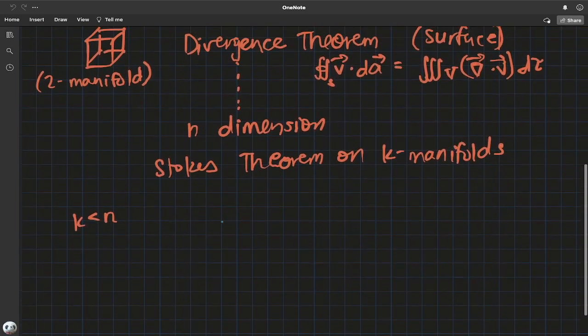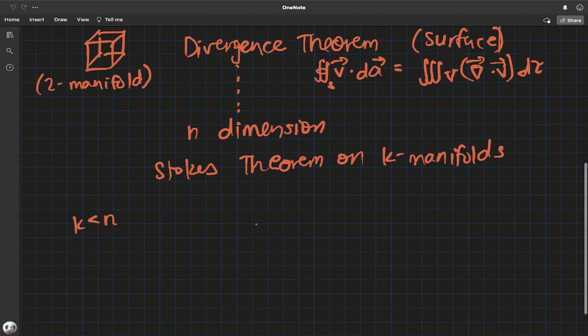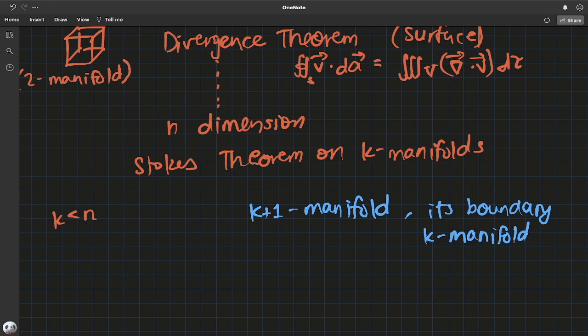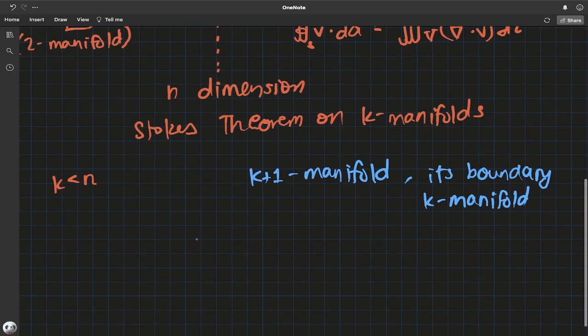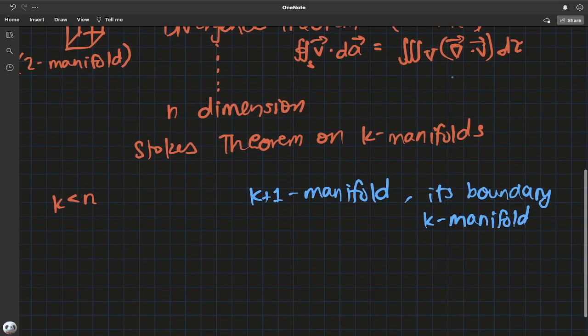So if you notice the pattern, we're flirting with some manifold. If it's a k-manifold, we're flirting with a k plus 1 manifold, and its boundary, which by a theorem on manifolds is a k-manifold. So the general pattern is we have some differential operator on a k plus 1 manifold.